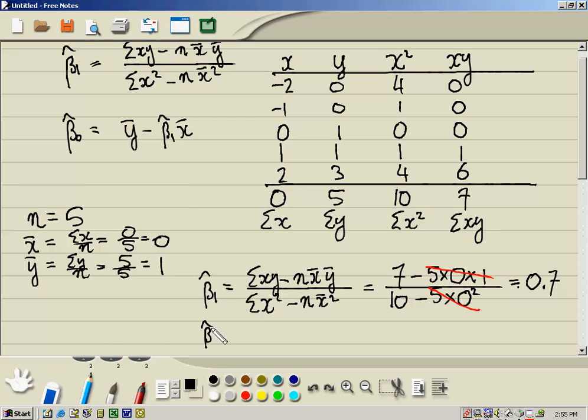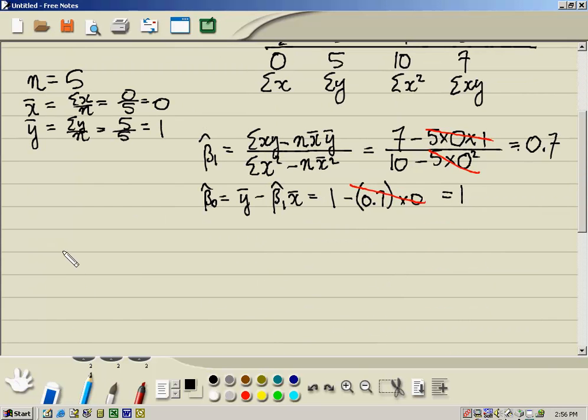Alright, then we can do beta hat 0. It's y bar minus beta hat 1 times x bar. Y bar is 1 minus beta hat 1, 0.7, times x bar of 0. And again, since x bar is 0, this last term goes away, and beta hat 0 is equal to 1.